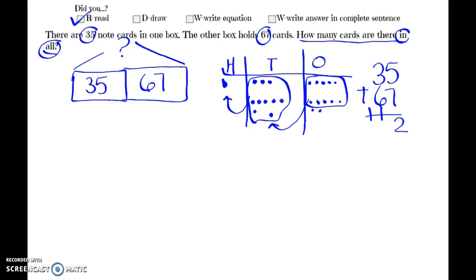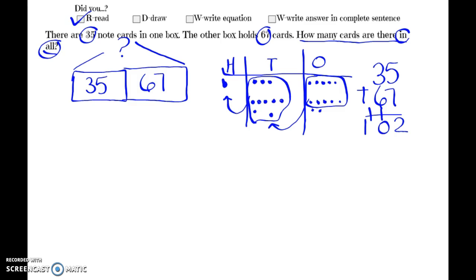I know I have one new 100, and when I look in the tens place, I have 0 tens. I'm going to go to the hundreds place and add my hundred, and I only have one 100. So that gives me 102 cards in total. Go ahead and pause the video and solve using bundles of 10 and the renaming of a unit.